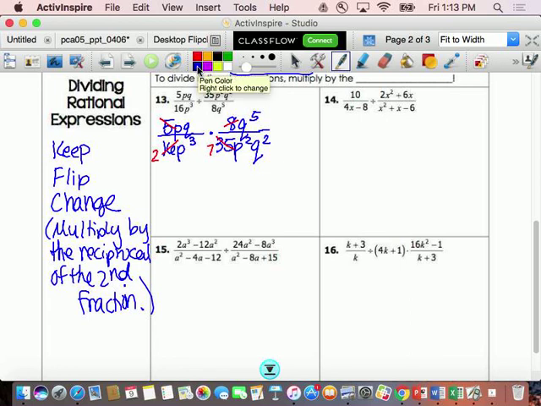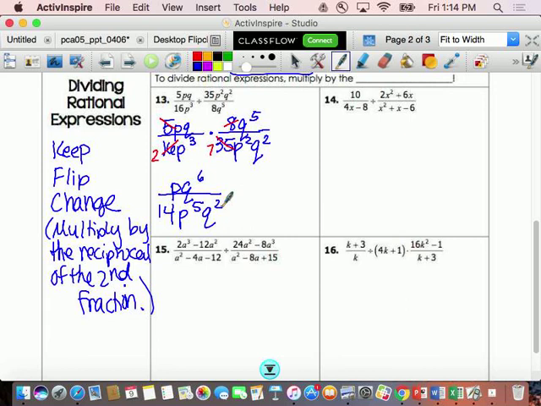And that leaves me with p, and then q times q to the 5th is q to the 6th. In the denominator, I have 2 times 7 is 14, p to the 3rd times p squared is p to the 5th, and I have the q squared.